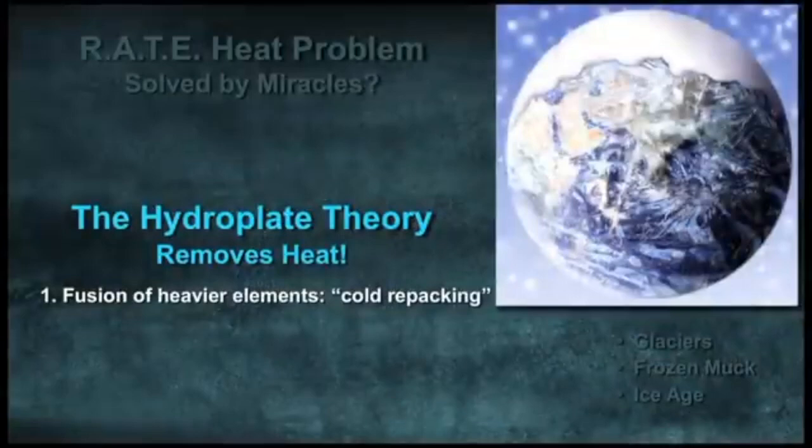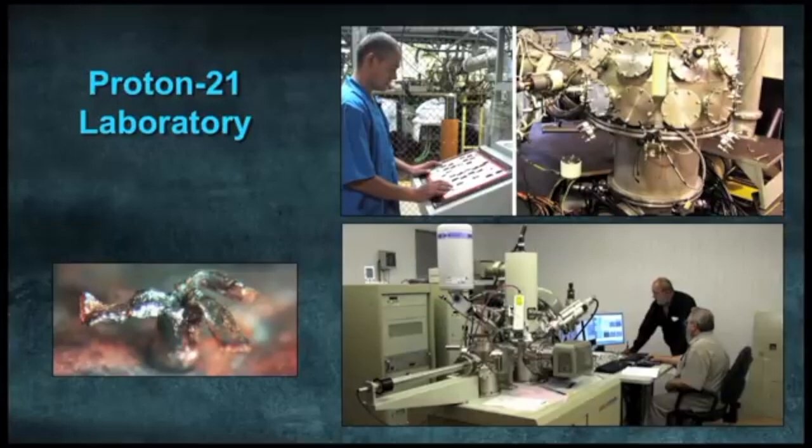So fusion of heavier elements, by the way, when that happens, the whole lab should melt down, but they say the process is adiabatic. It doesn't melt down the equipment, it absorbs heat.